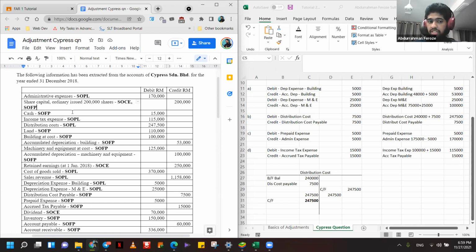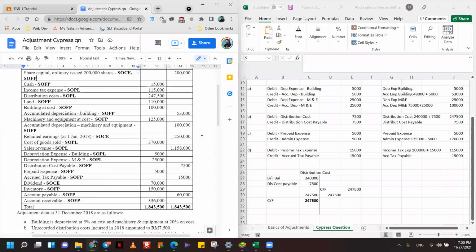Anything to do with the shares, like the issuance of shares, the retained earnings, and the revaluation reserve, which is not relevant in this question, also goes into the statement of changes in equity. Do you understand how it works?